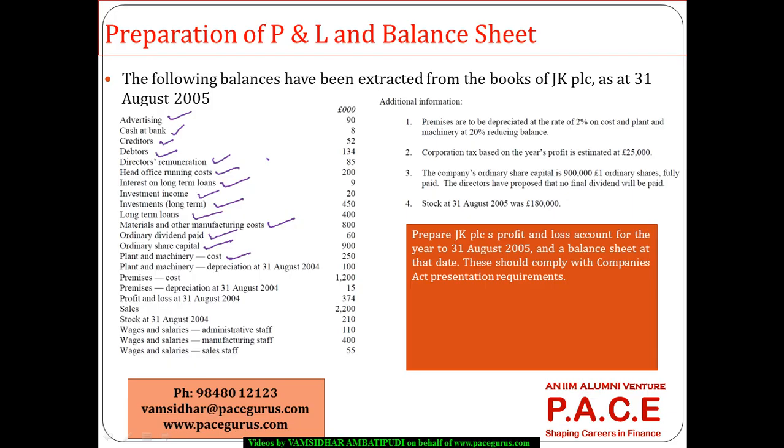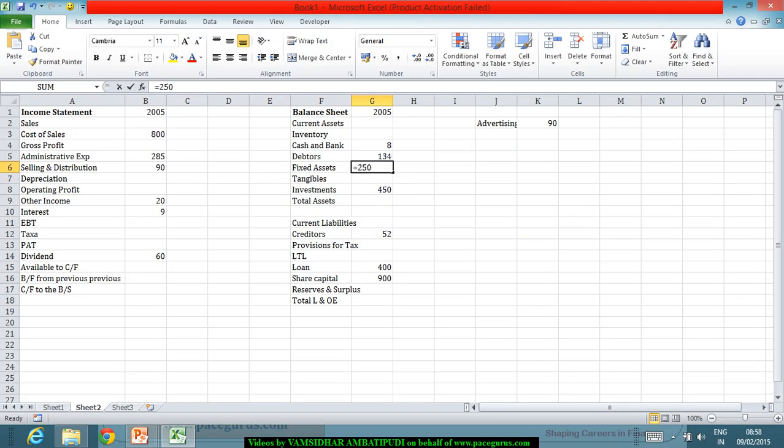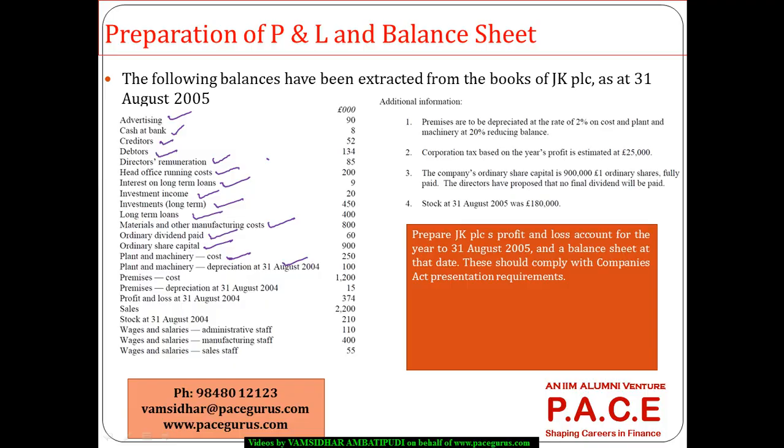We'll try to make the adjustment. Plant and machinery depreciation at 31st August means by that time the plant and machinery has already got depreciated by 100. So accumulated depreciation was 100. So overall the value is only 150 by now.